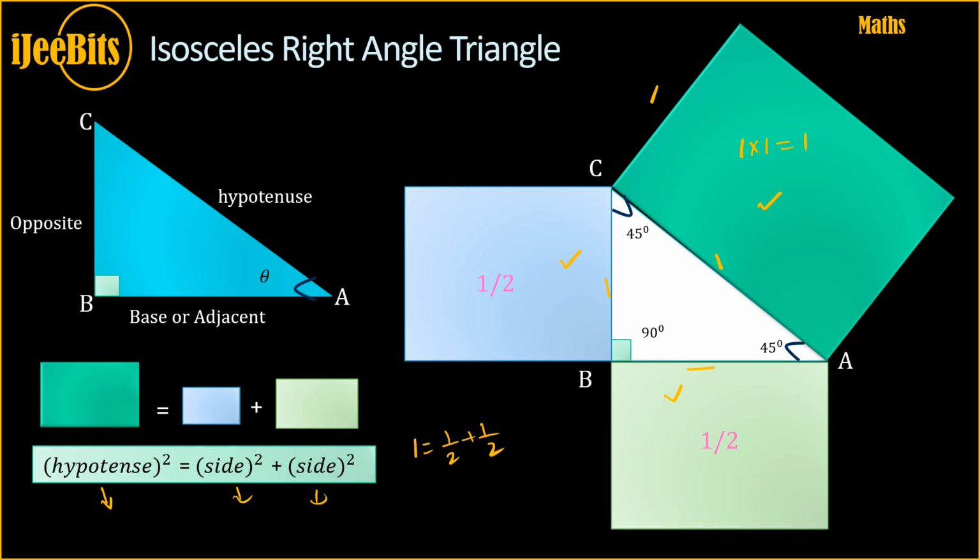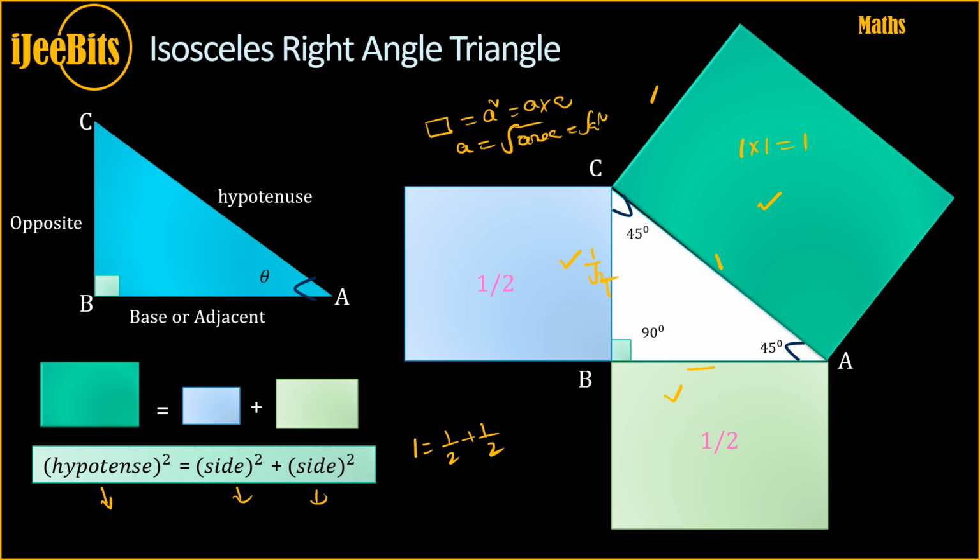So if my area is half, then what would be my BC? Right? So my BC would be 1 by root 2, because we know the area of a square equals a square, if a is a side, meaning a into a. So if I want to calculate a, then it is root over area, which is nothing but root a square.